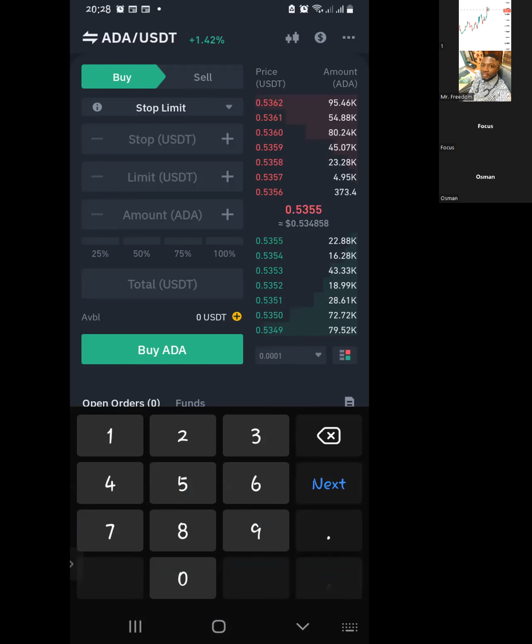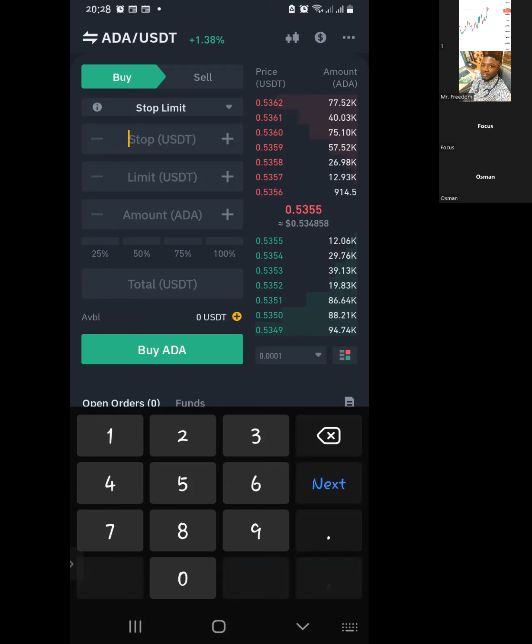Even if I say I want to buy at 0.52 and the current price is 0.5, it won't follow the rule of buy low, sell high and execute because 0.5 is below my buy limit. Stop limit won't execute until a particular condition is satisfied.